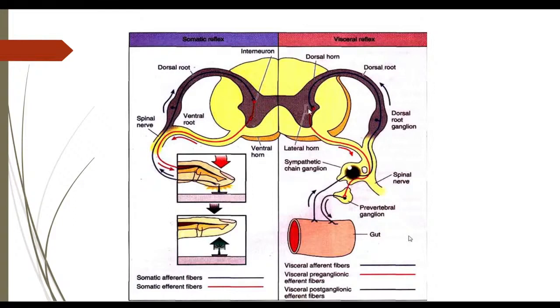The sensory neurons transmit impulses to the interneurons in the thoracic region of the spinal cord, and from the lateral horn the impulses are transmitted to the motor neurons in the sympathetic ganglion. Thus, we understood the main difference between somatic reflex and visceral reflex: the localization of motor neurons. In the somatic reflex, they are located in the ventral horn. In the visceral reflex, they are located outside, in the sympathetic chain ganglion.